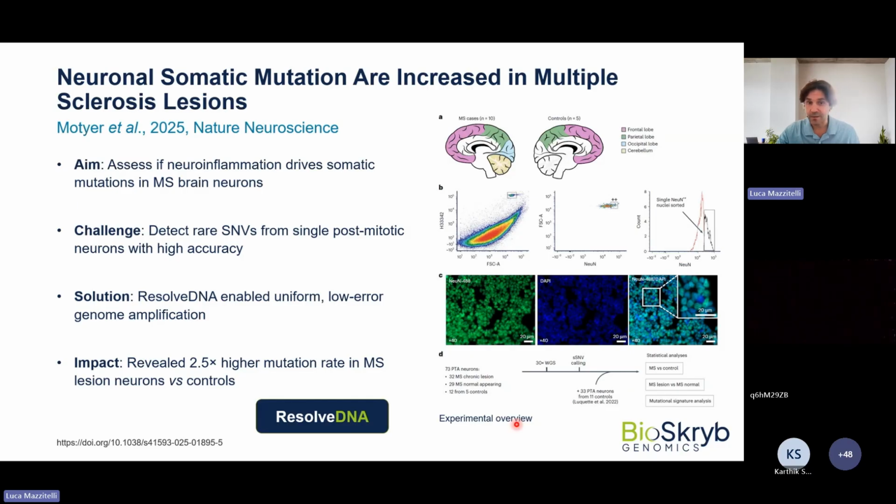Just to highlight that in this study, they amplified and sequenced 73 neural nuclei using PTA. So just to give you the breadth and the idea of the amount of cells that are used for those type of approaches.